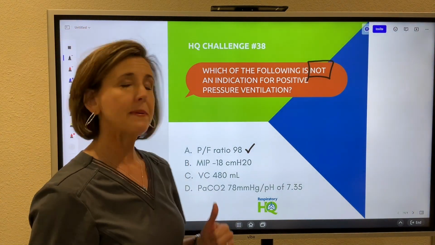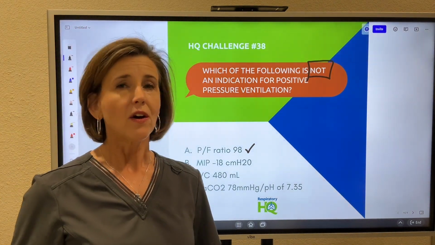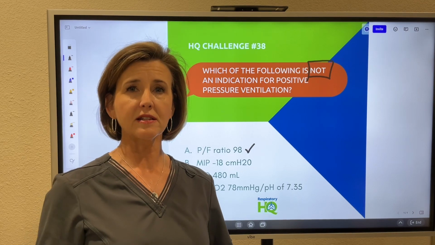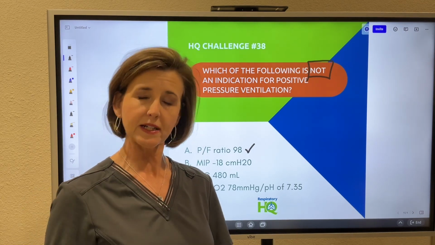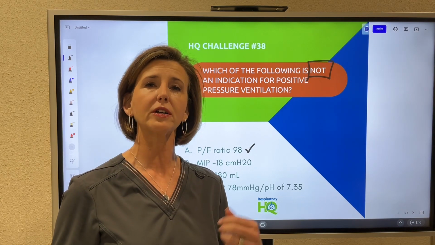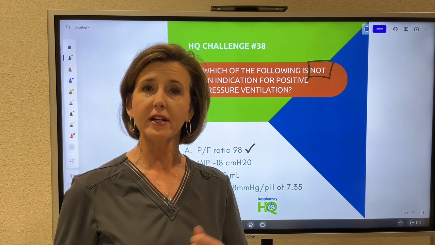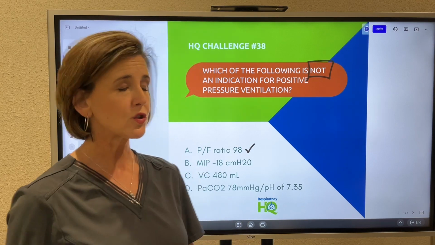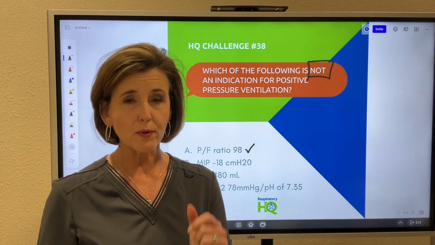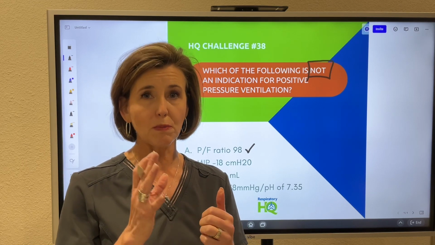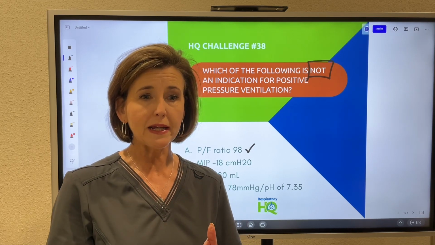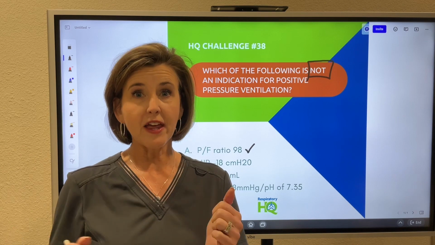All right, an MIP of -18. MIP tells us about inspiratory muscle strength. If a person doesn't have adequate inspiratory muscle strength, they are not going to be able to sustain ventilation spontaneously. So the value that we need to remember is that MIP, that inspiratory muscle strength, normal would be less than -20.